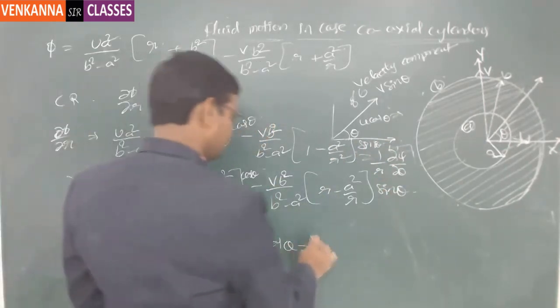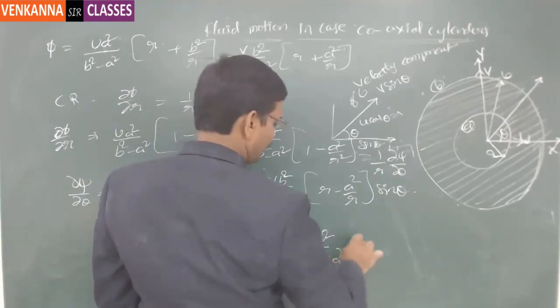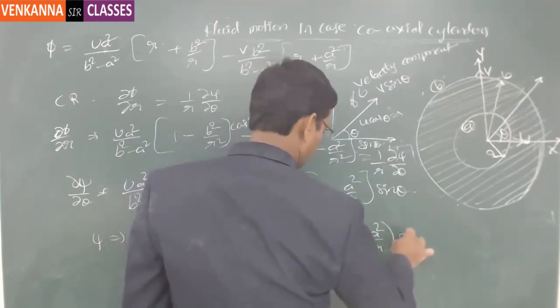Cos theta minus v b square by b square minus a square into r minus a square by r into sin theta.